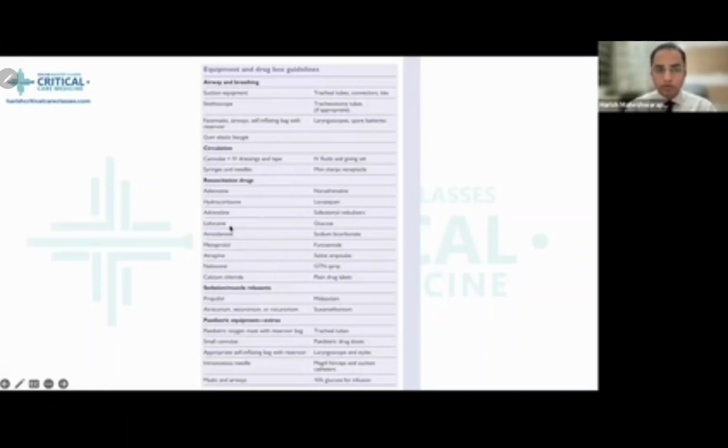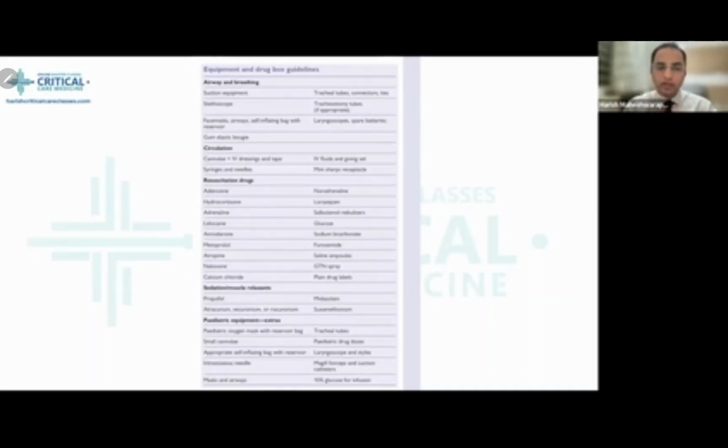Resuscitation drugs including adenosine, hydrocortisone, epinephrine, lidocaine, amiodarone, metoprolol, atropine, naloxone, calcium chloride, norepinephrine, lorazepam particularly for treating convulsions, salbutamol nebulizer, glucose that is dextrose, sodium bicarbonate, furosemide, saline ampoules, GTN spray, and plain drug labels, meaning empty drug labels, because there should not be any error while administering a particular drug.